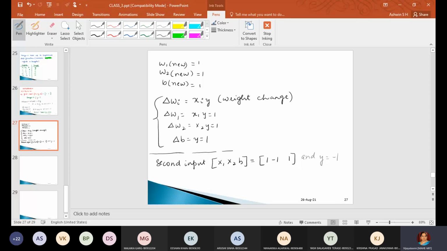Now, old w1 w2 b old is, please note, equal to 1 1 1. Now you have to make use of this, and for the second iteration, you have to calculate the new values W1 new, W2 new, and B new.